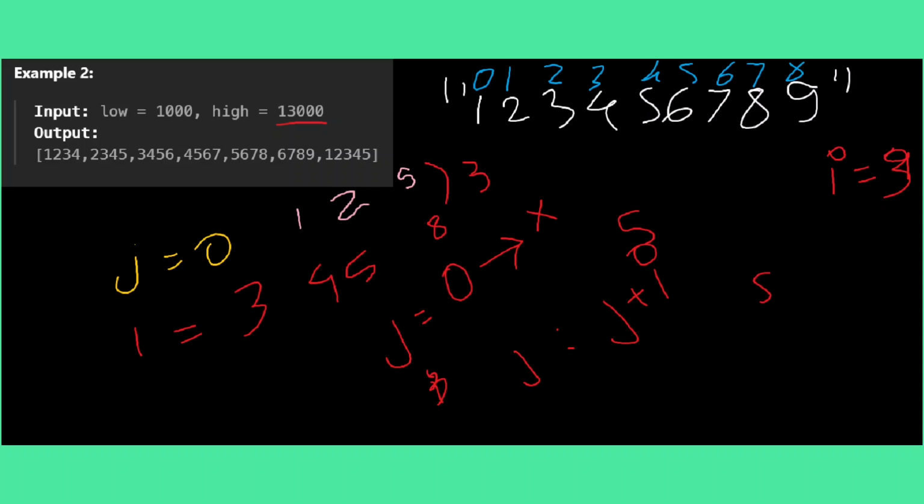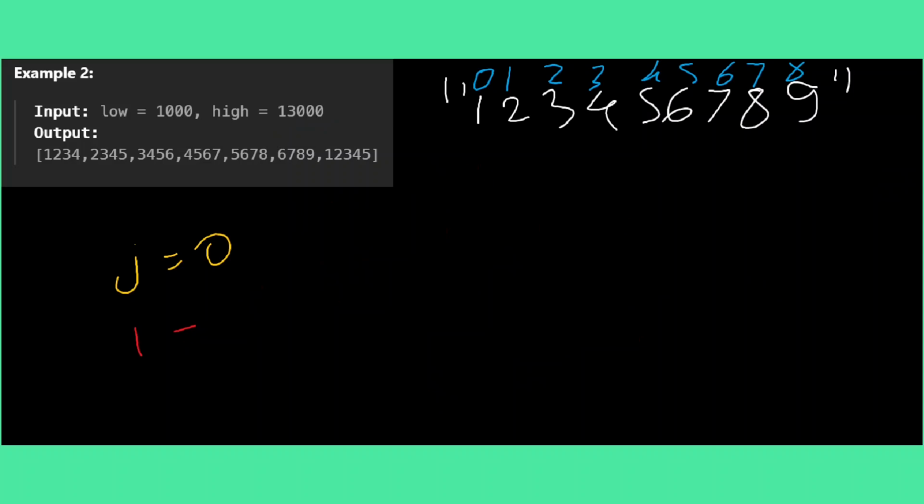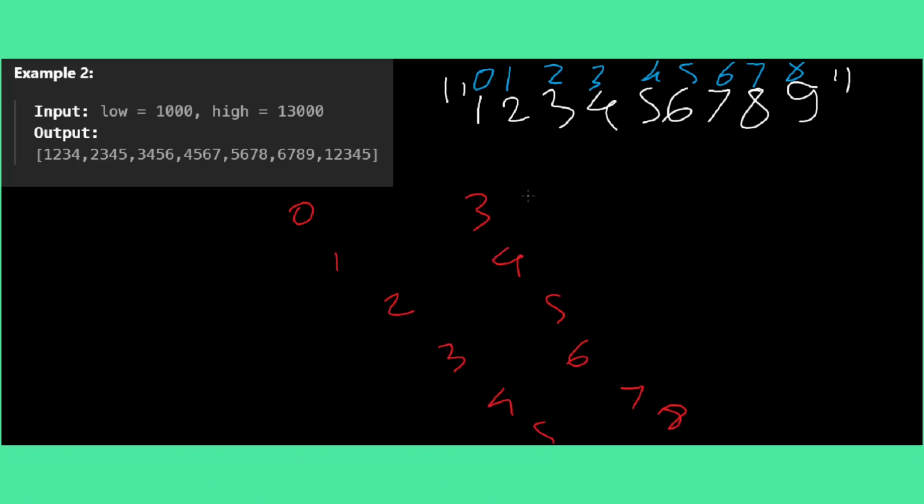So with this logic, if I were to list out all the values that we could get: 0 to 0, 1 to 3, then 1 4, 2 5, 3 6, 4 7, and 5 8, since everything has a difference of 3, I can assume that x minus i would be 3.